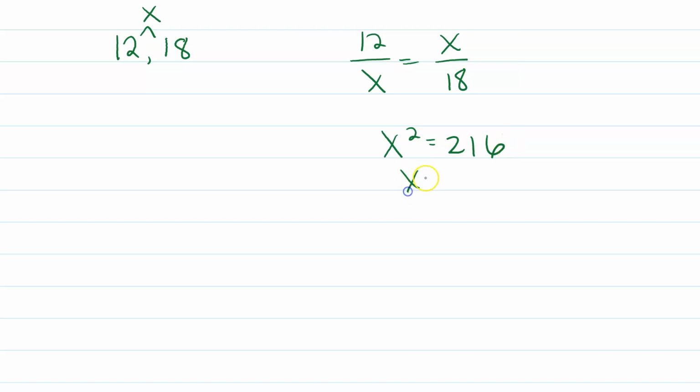So you can set it up the same way as the other geometric mean problems, top and bottom, 12 over 18, cross multiply, and 12 times 18 equals 216, square root of that number, and x equals some decimal.